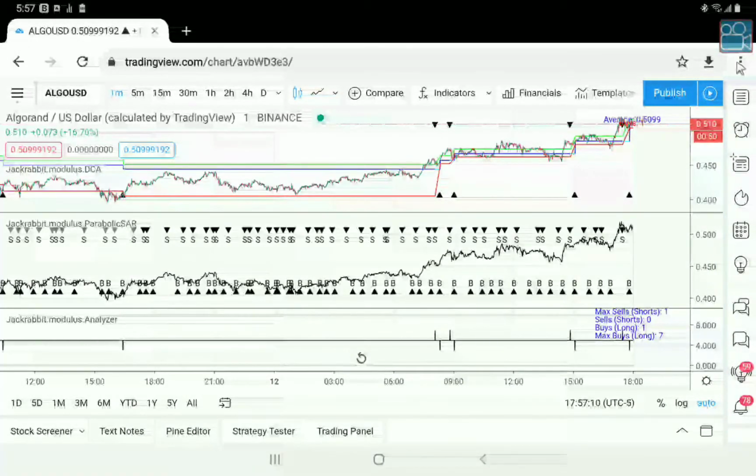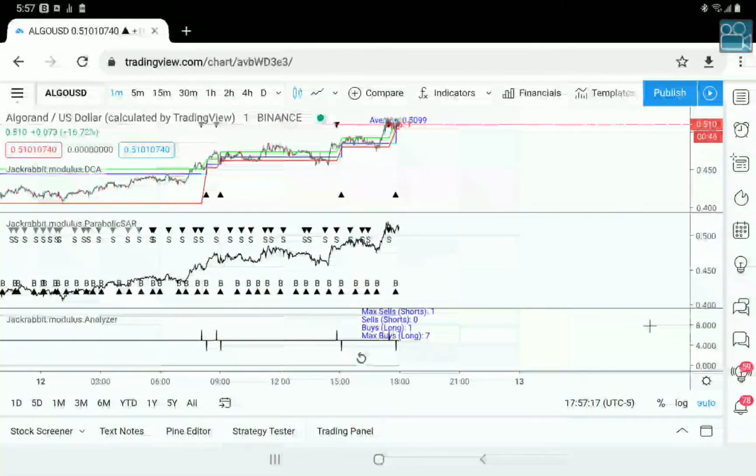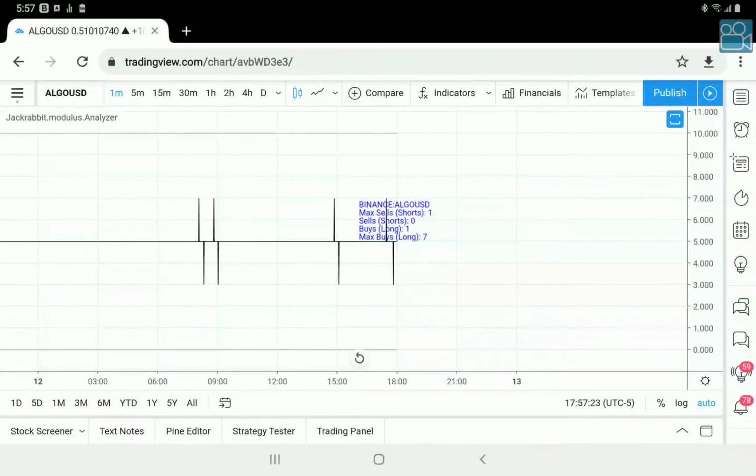Now let's cover the details on the analyzer window itself. Let's zoom this in. Okay, here you see the exchange and the exact coin you are trading.